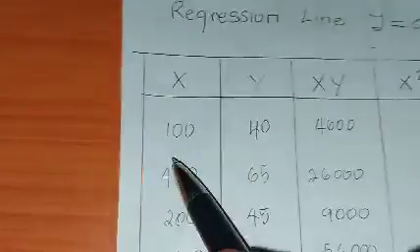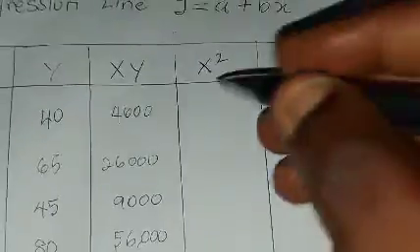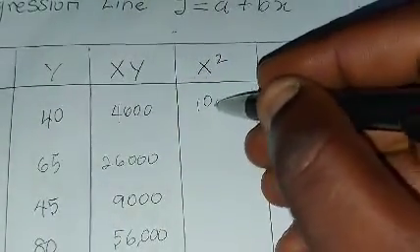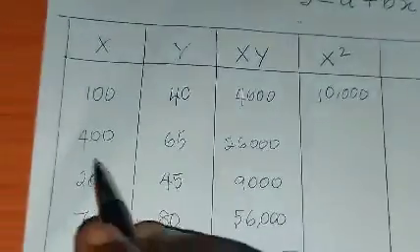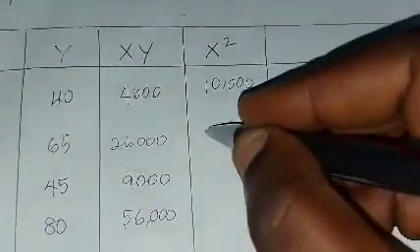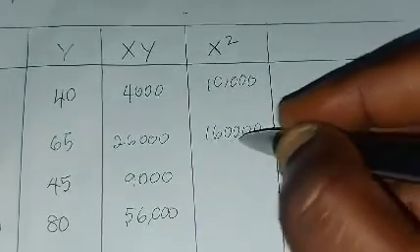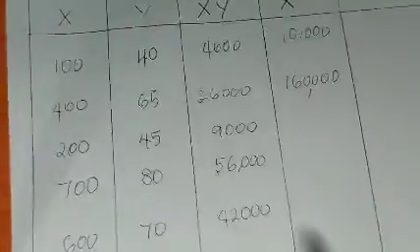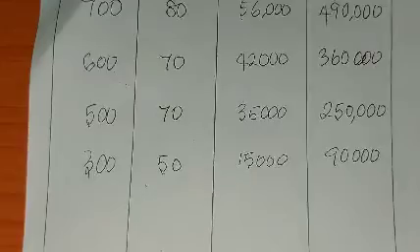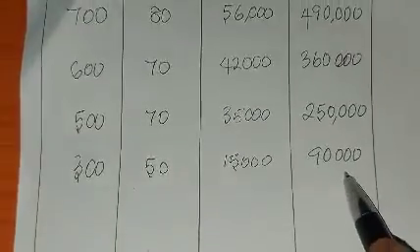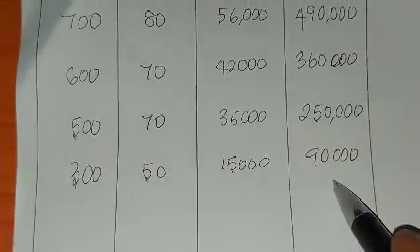So what is 100 raised to power 2? It gives you 10,000. What is 400 raised to power 2? It gives you 160,000. Then 200 raised to power 2, and the last one is 300 raised to power 2, that is 90,000.